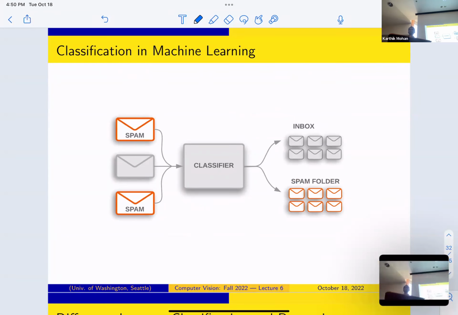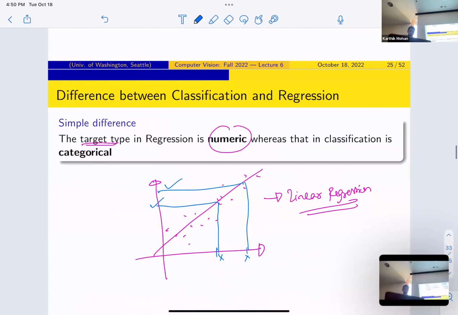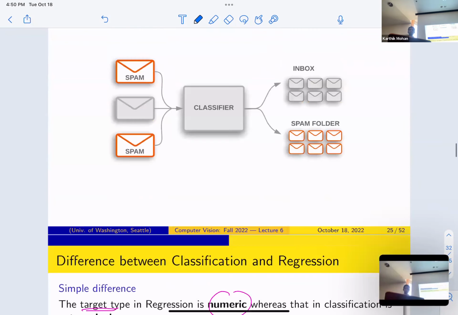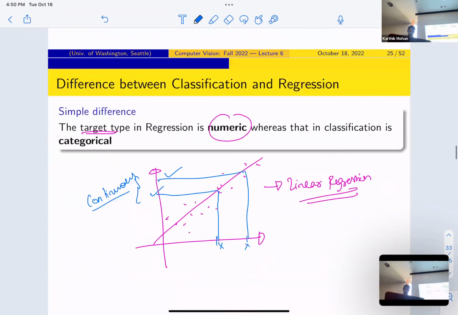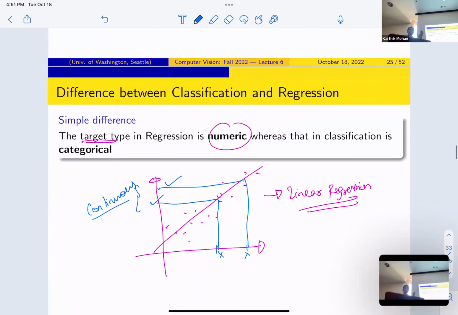So that's categorical. You have two categories. Or you can have multi-class, multiple categories. Maybe it's spam, not spam, maybe you want to archive it. Maybe there are other labels you can apply, but it's still categorical. So one is continuous, and the other is discrete. That is one difference between classification and regression.